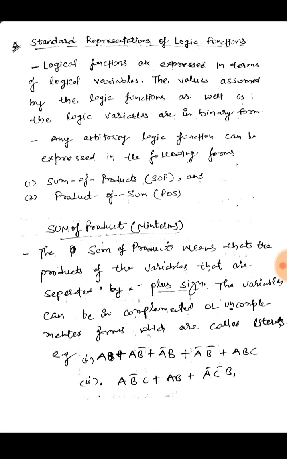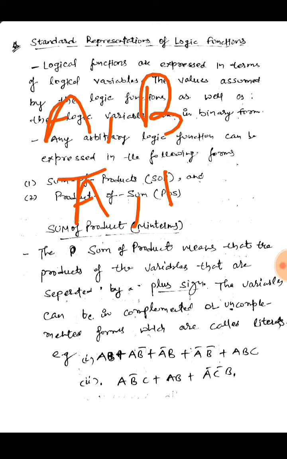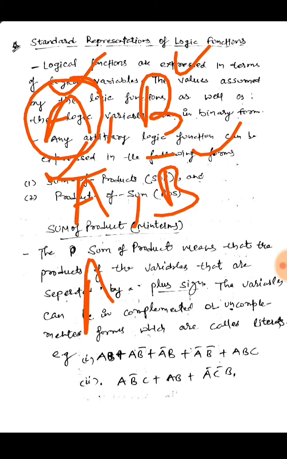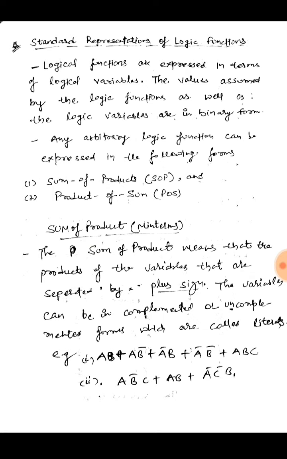So all the variables used in the logical function, that is A or B or A bar or B bar or C or D, are called literals. This is the uncomplemented form and A bar is the complemented form.